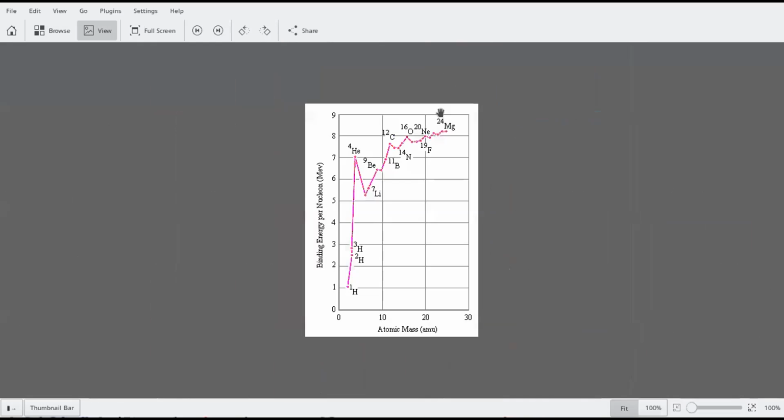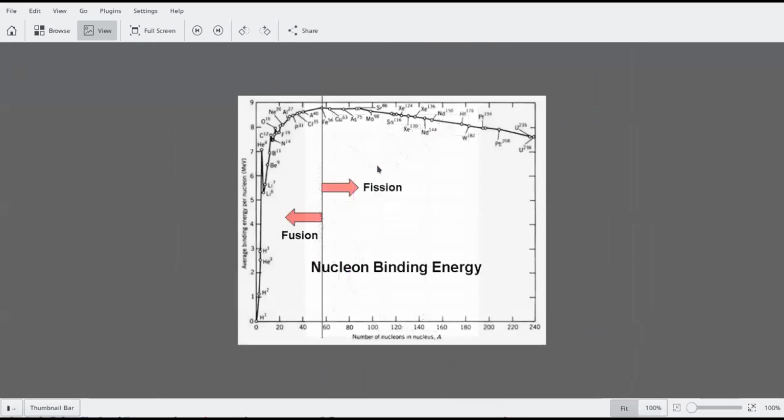As before, you see the nucleon binding energy per number of nucleons is increased.